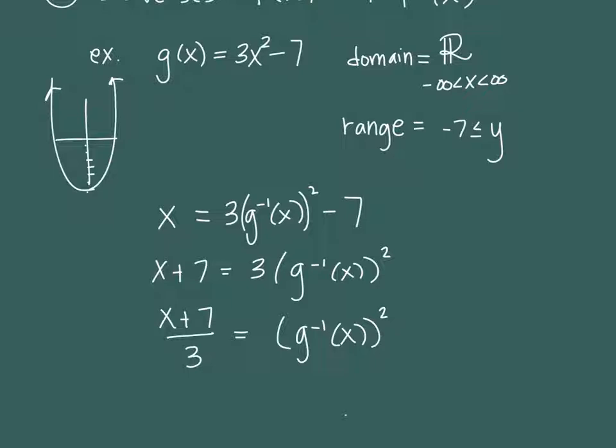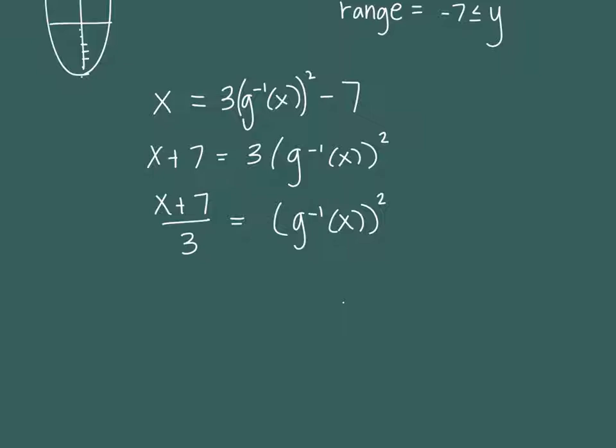So how do we do that? What do we do to both sides to get rid of a square? Luke? Okay, and what is included with every square root? Positive and negative, correct. So this would be the positive and negative square root of x plus 7 over 3, and that is the equation for our inverse.